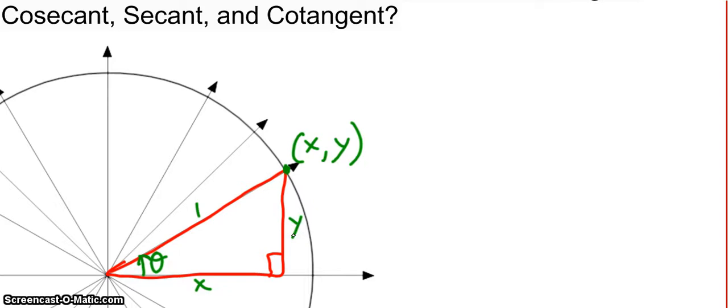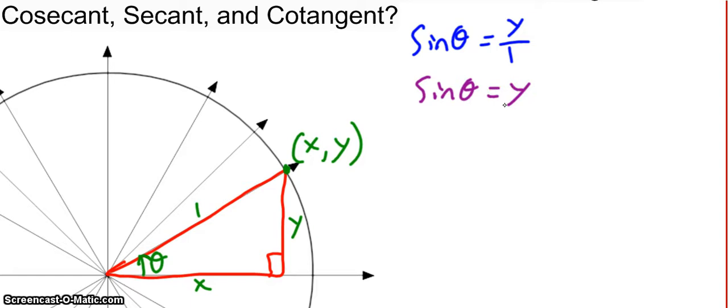So now, how does sine relate to this angle theta? Well, sine is opposite over hypotenuse. So I could say the sine of theta is y over 1. But what is anything divided by 1? It's just itself. So really, the sine of theta is the y-coordinate.